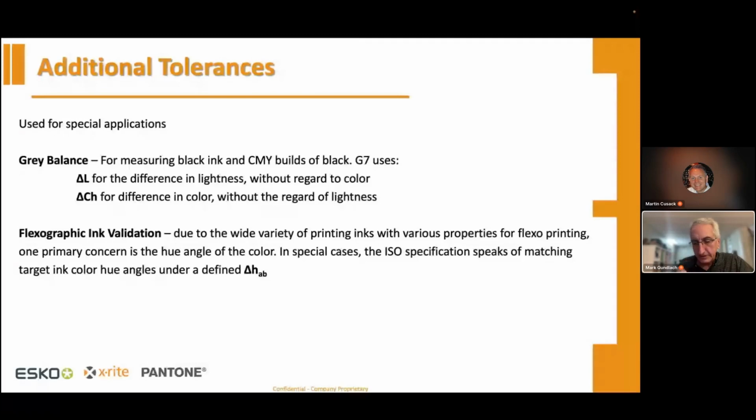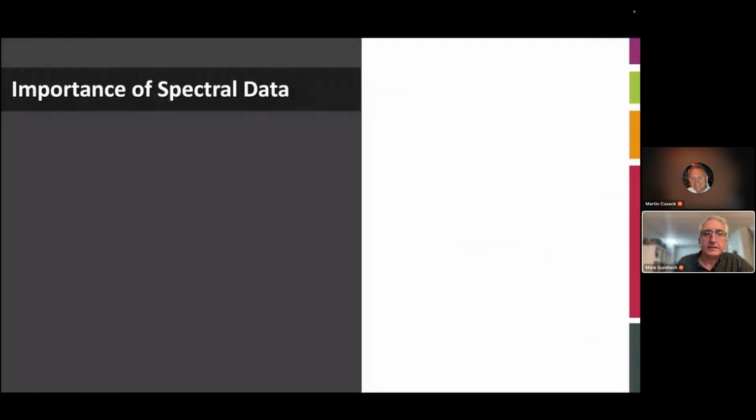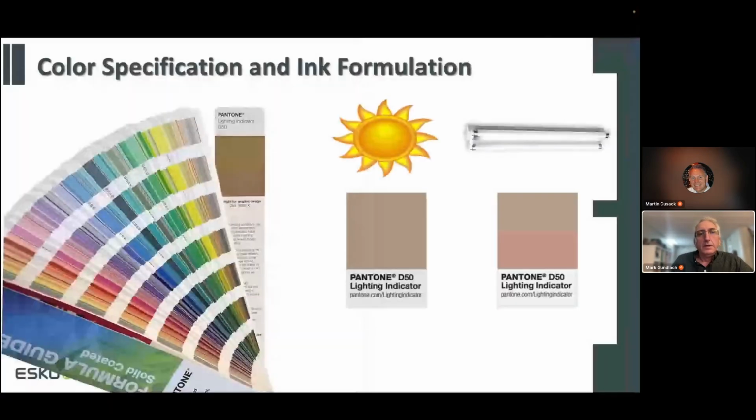All right, so back to that question about the spectral data. So spectral data is really critical for color specification and ink formulation. For those of you that have Pantone books, and I imagine many of you do have access to them, if you look in the back of the formula guide, and if it's a fairly current one, you'll see what's called a lighting indicator.